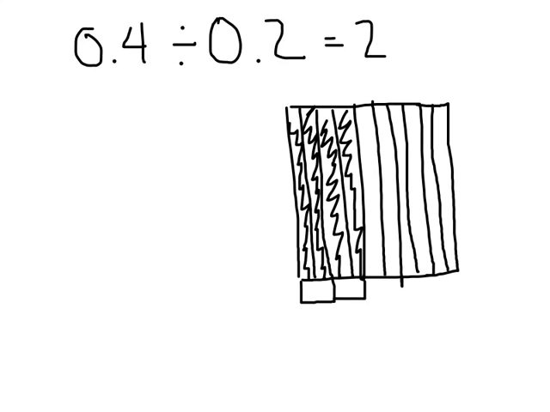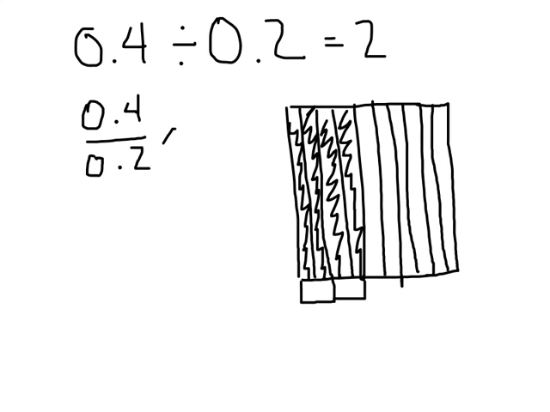2/10 and 4/10. When I divide 4/10 by 2/10, I can write that as a fraction. Remember, fractions and division problems are the same thing. Now, I can create an equivalent fraction when I multiply by the same thing in the numerator and denominator.